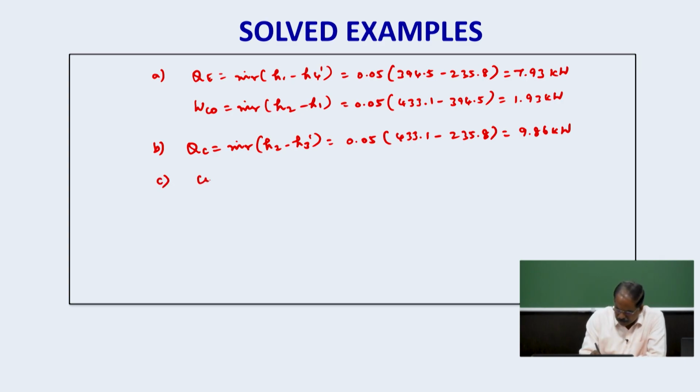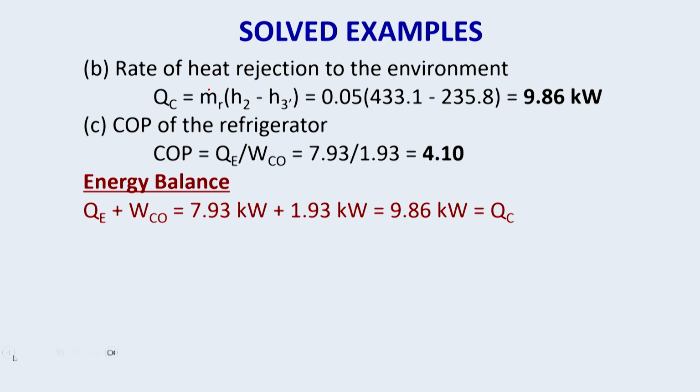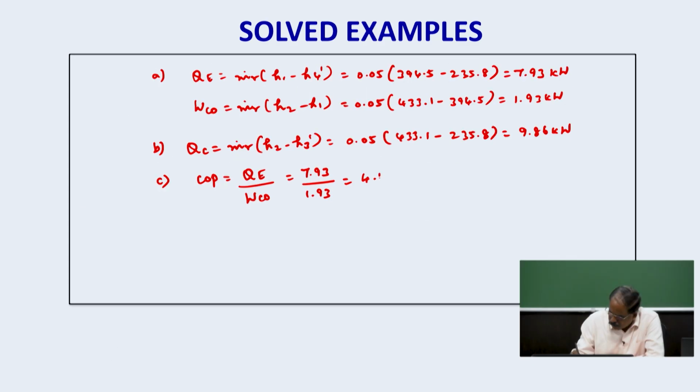The COP of the system is the ratio of cooling capacity or refrigerating effect to the work of compression. 7.93 divided by 1.93. So COP comes to 4.10. Let us do the energy balance.